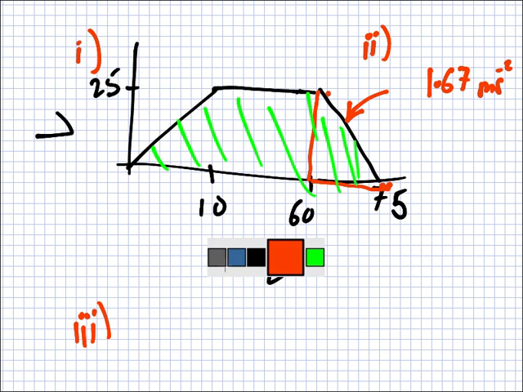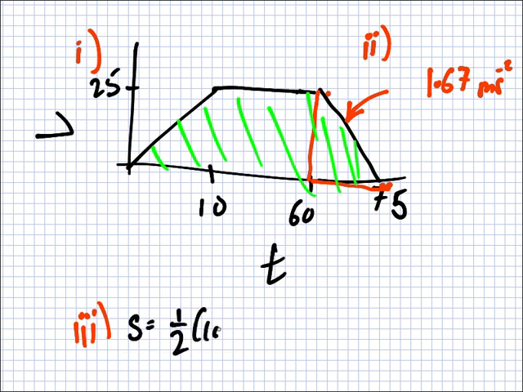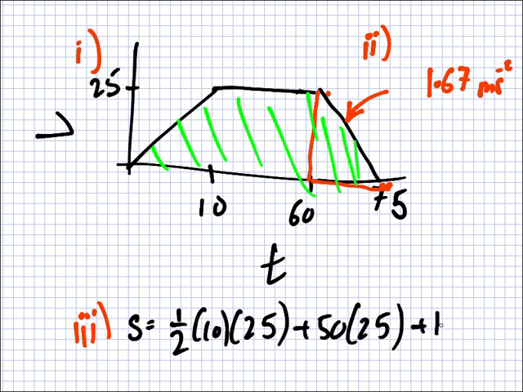And lastly, calculate the total distance. So the area? The area, yeah. So that would be a half times 10 multiplied by 25, plus 50 times 25, plus 15 over 2 times 25.